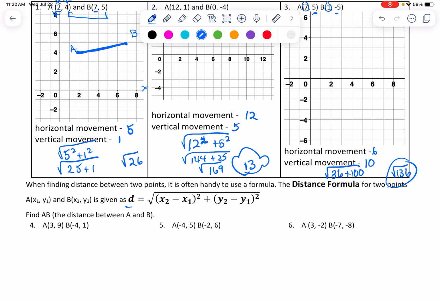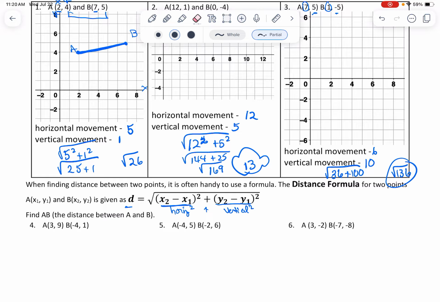Our distance is the difference between the x's, meaning the horizontal movement, squared, and the distance between the y's, the vertical movement, squared. So you've likely seen that in Algebra 1, and it's a big, cumbersome, confusing, crazy formula, right? But you don't have to make it so difficult.